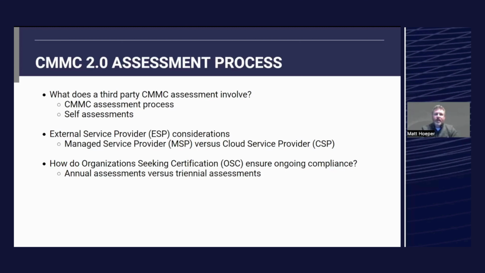That question always comes up: am I in possession of CUI? And I would always push back on a contract officer, figure out what the contract states. And if you have any questions regarding that, certainly reach out to your CO. So once you've identified the level, you're going to want to engage with a CMMC professional. Even at level 1, which is self-attestation, I would still recommend that you engage with a CMMC professional.